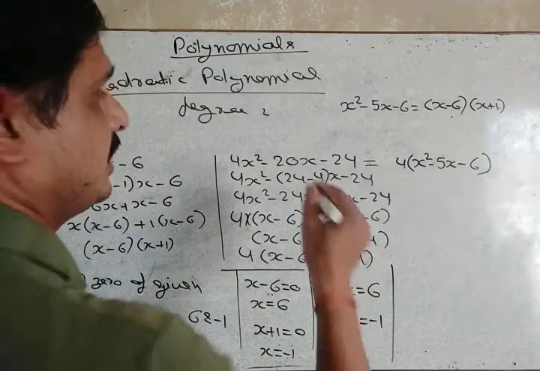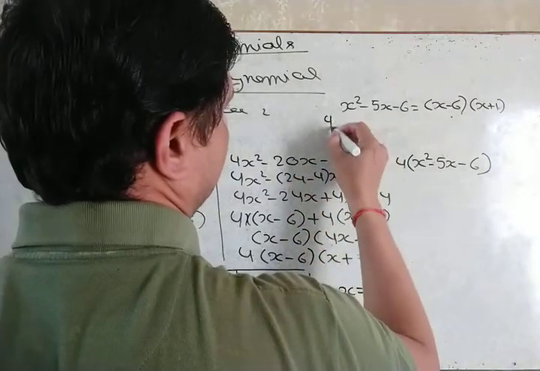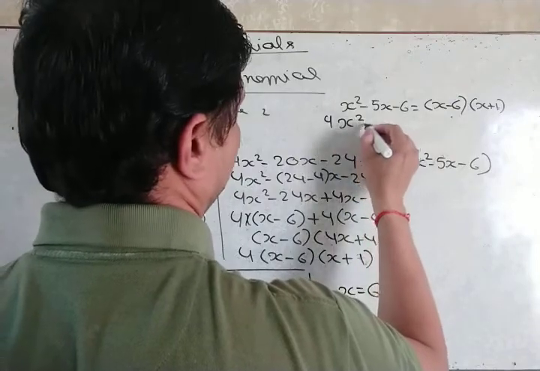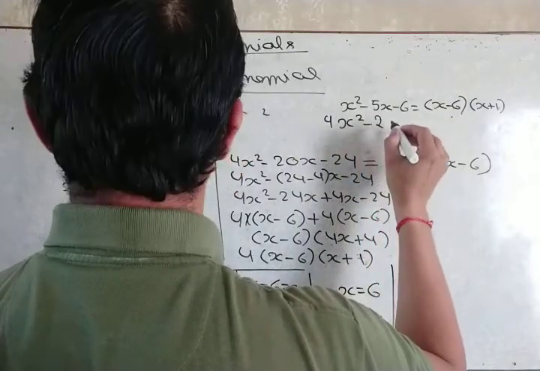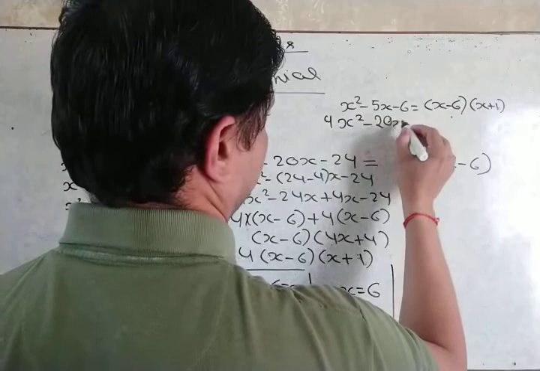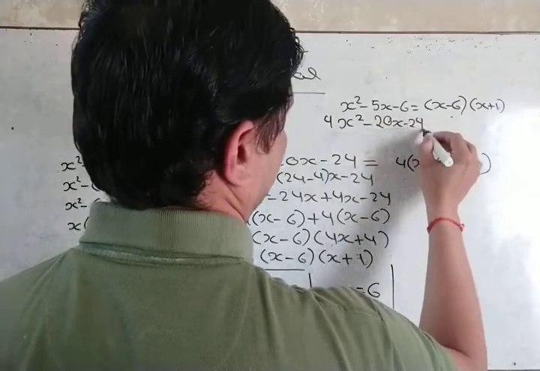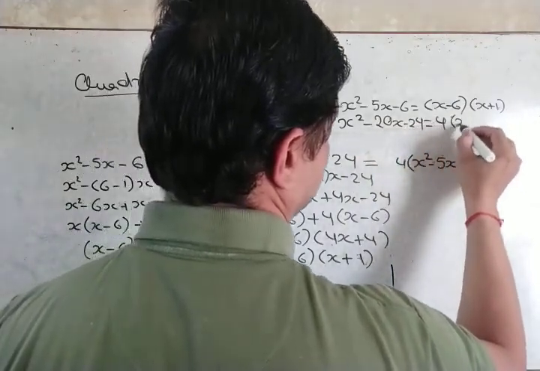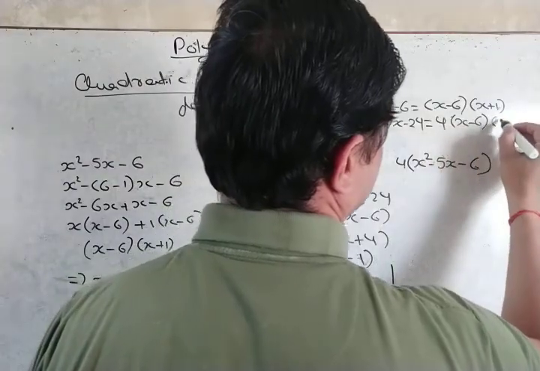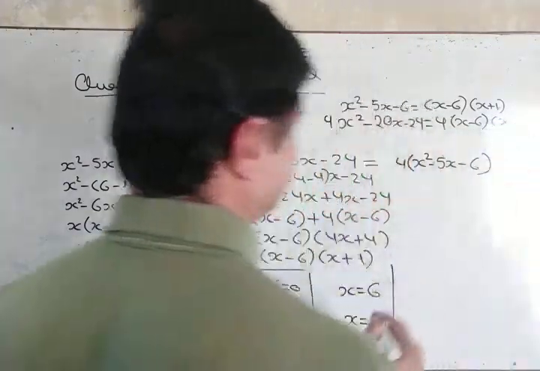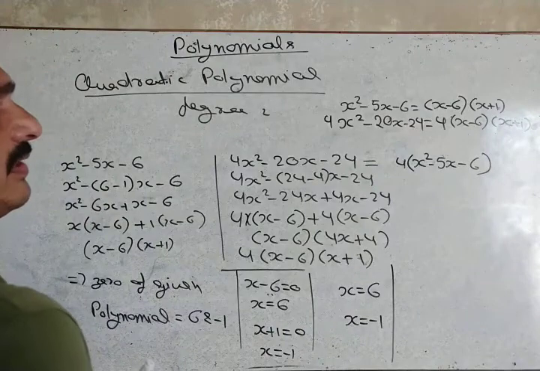So you can write the polynomial 4x square minus 20x minus 24 as 4 times x minus 6 and x plus 1.